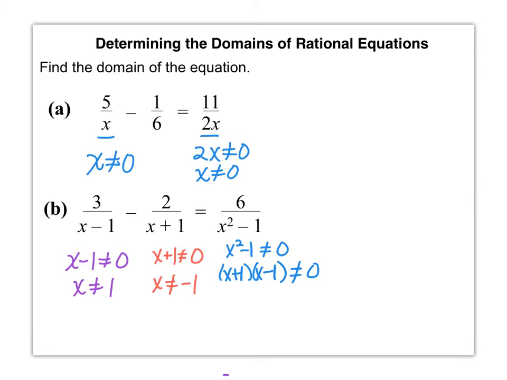By using the zero factor property and setting each of those factors equal to 0, x plus 1 cannot equal 0, so again, x cannot equal negative 1. And if we set x minus 1 to not equal 0 as well, x cannot equal positive 1. We can see that x cannot equal 1 appears twice here, and x cannot equal negative 1. So those are the two restrictions on the domain.